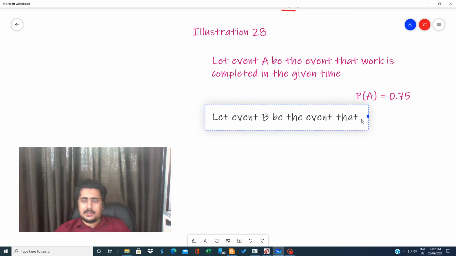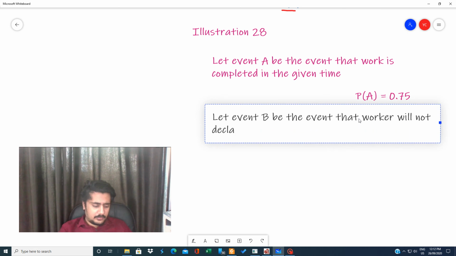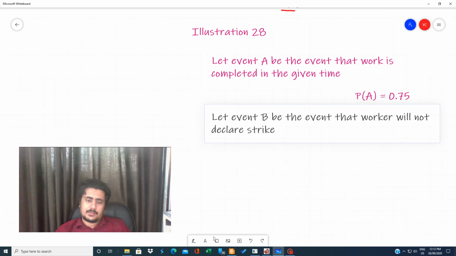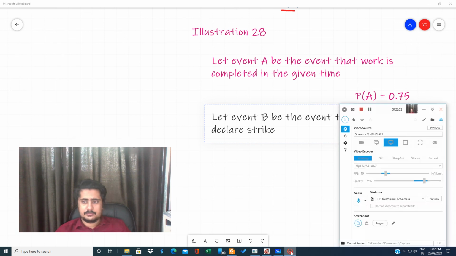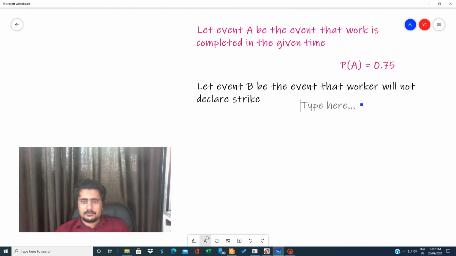So let event B be the event that worker will not declare strike. Worker will not declare the strike. So this is P of B.